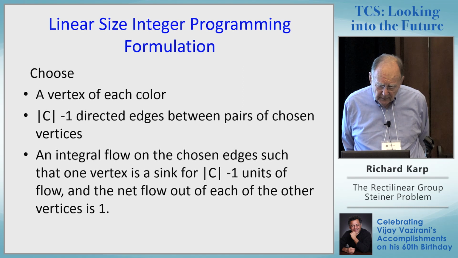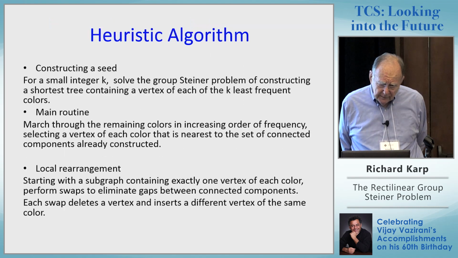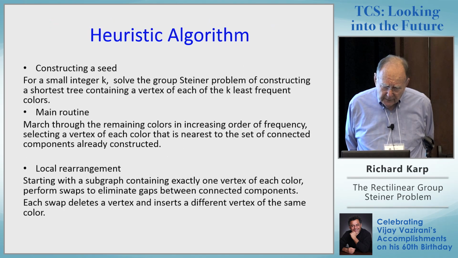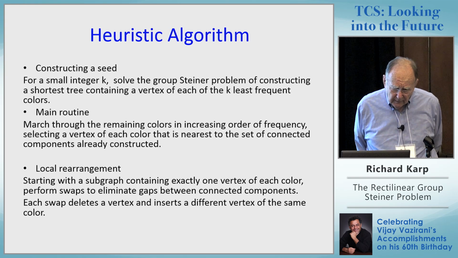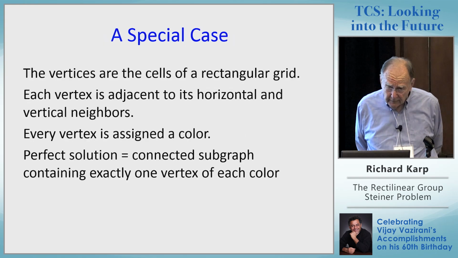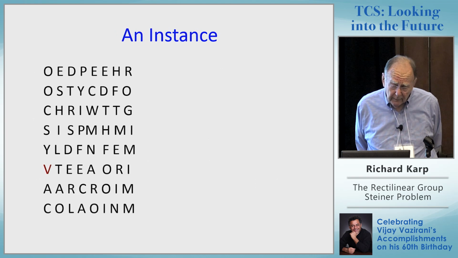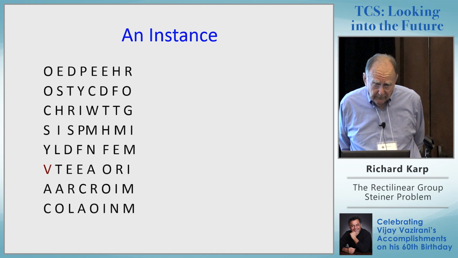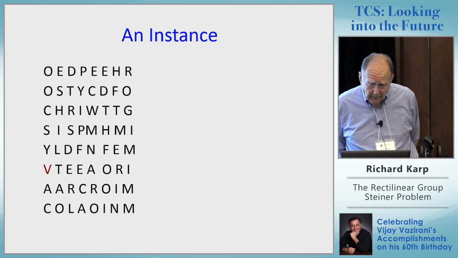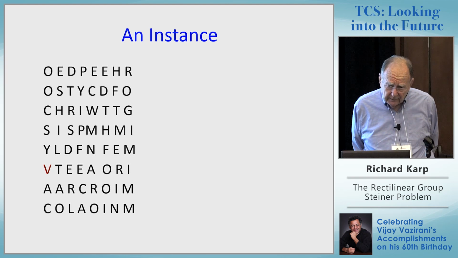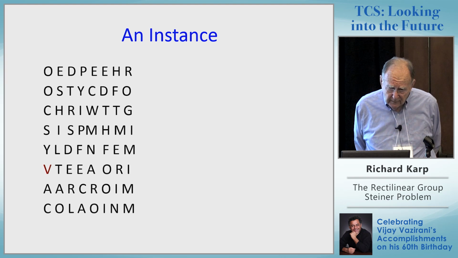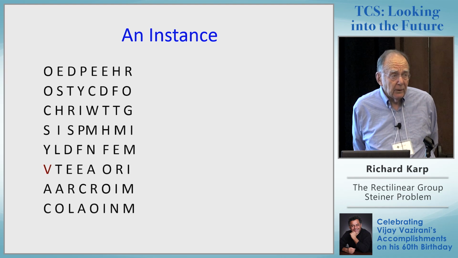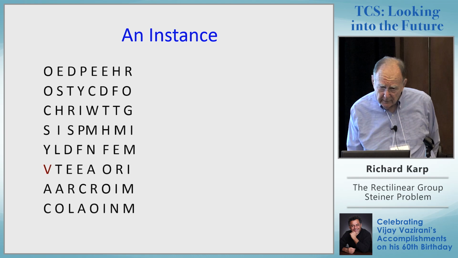So what we have here is a rectangular matrix with, as it happens, a letter. In generality, it would be a color in every cell of this rectangular grid. And what we want to find within this is a connected subgraph of the grid which contains exactly one vertex of each color, exactly one copy of each of the letters occurring.